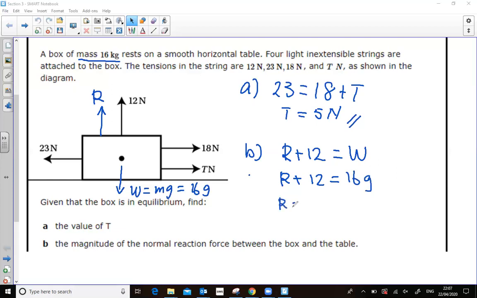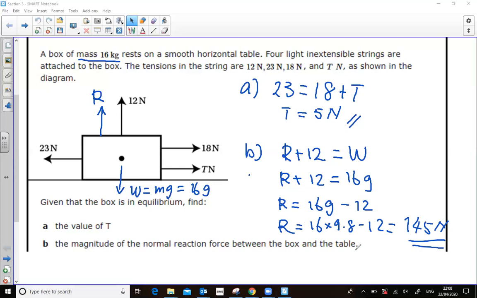So now we get R equals 16g minus 12, and we know that g is 9.8, so you can put it into your calculator and work out the value of R, which should come out to be 145 newtons. So this is your normal reaction force.